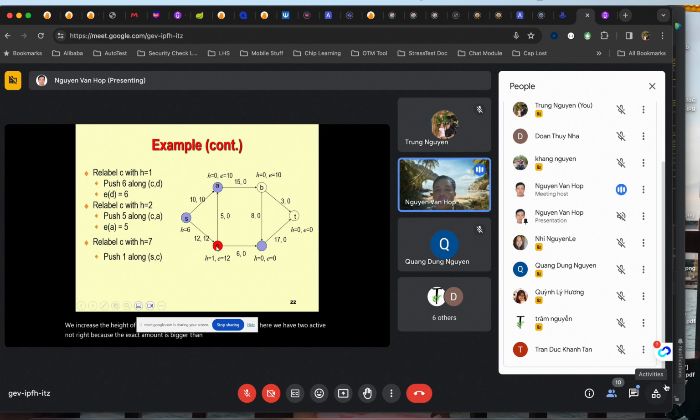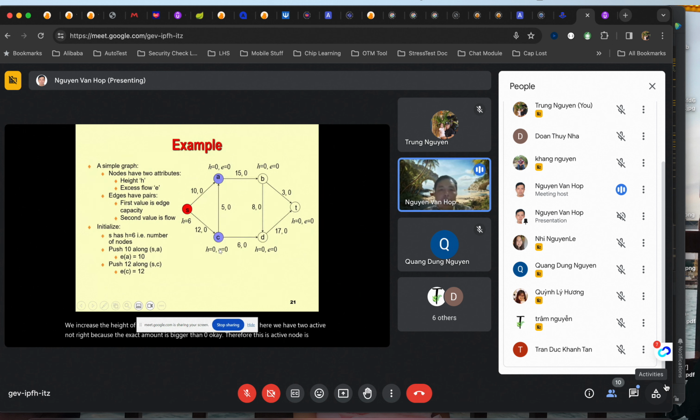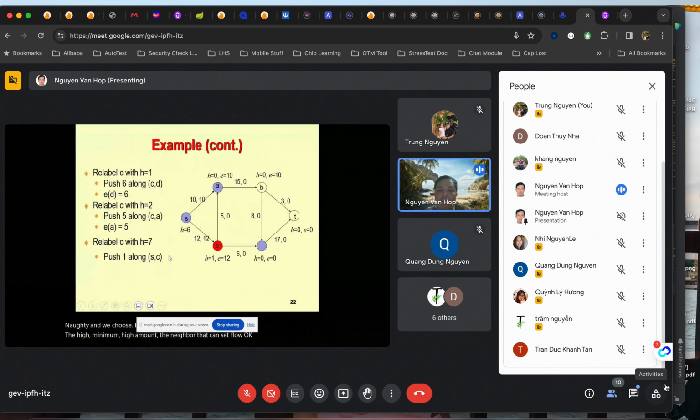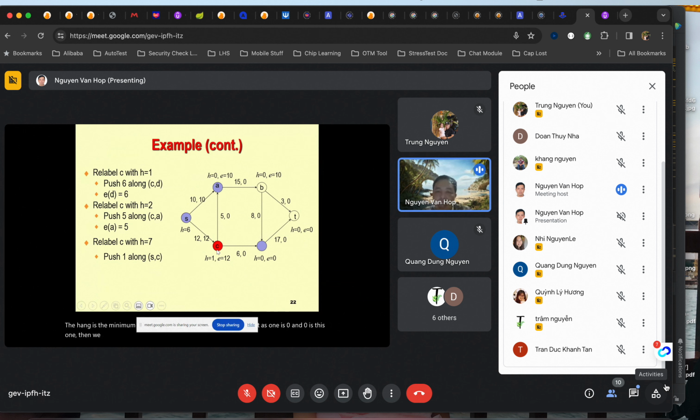Therefore this is an active node, this is an active node, and in this case we choose the minimum height among the neighbors that can accept flow. That is, we increase by 1 here. In this case, among those it is 0 and 0. We increase by 1. Then we label that one as the new one.